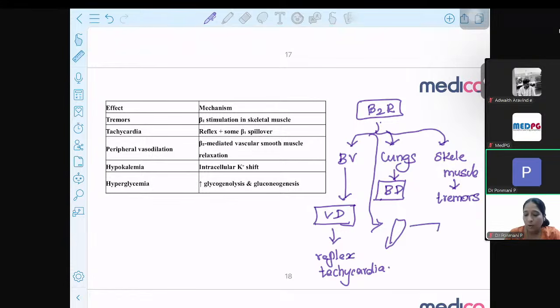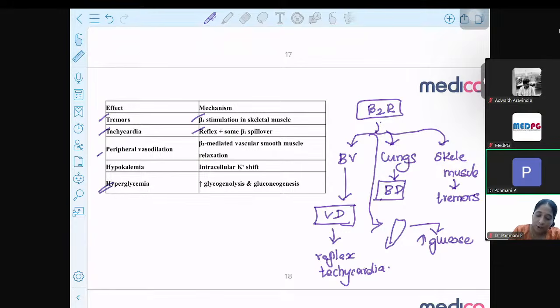And what does it do in the liver? In the liver, it increases the glucose. It increases gluconeogenesis and glycogenolysis, and by doing all this, it increases the glucose in the body. So that is what we have put. It causes tremors because of beta-2 stimulation, tachycardia because of reflex peripheral vasodilation, and hyperglycemia.